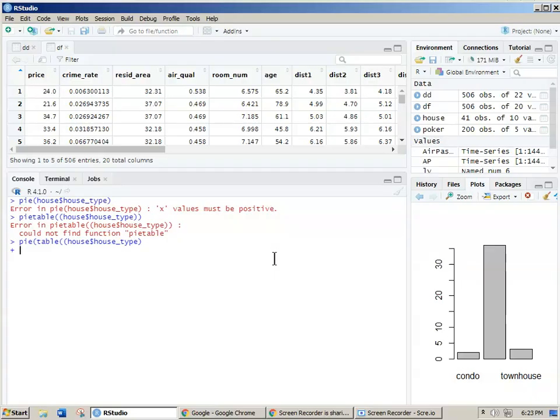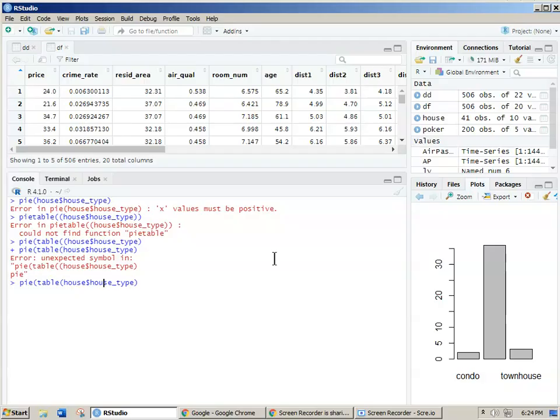What are we missing here? Okay, so pie, table, house, pie, table, house, pie, table, house, dollar sign, house, type.